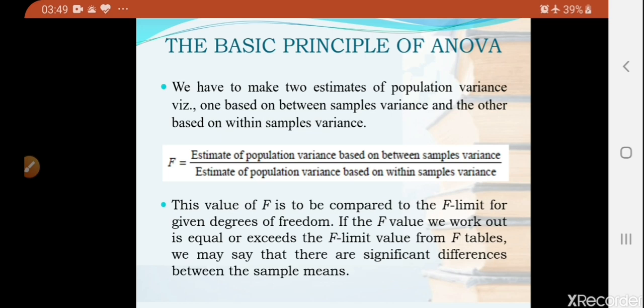Okay, so here we say that the variance among the sample means, different samples, that should be more than the variance among the items of the same sample. So this is what we are going to calculate.